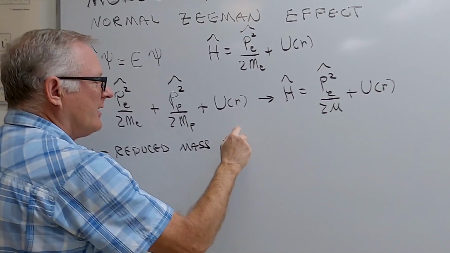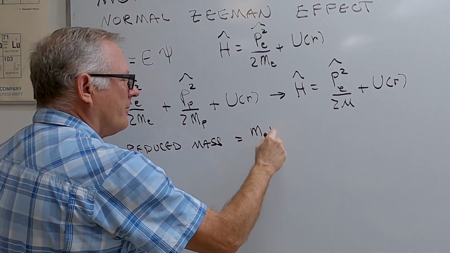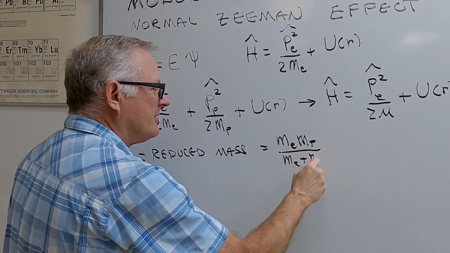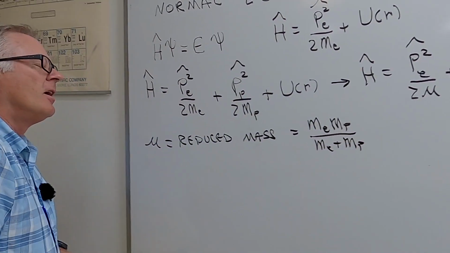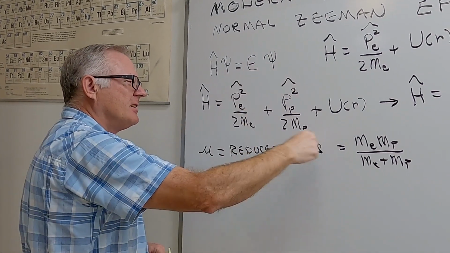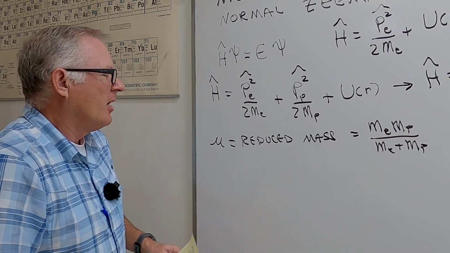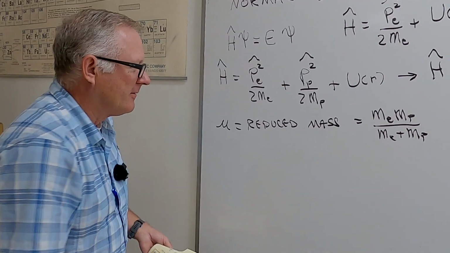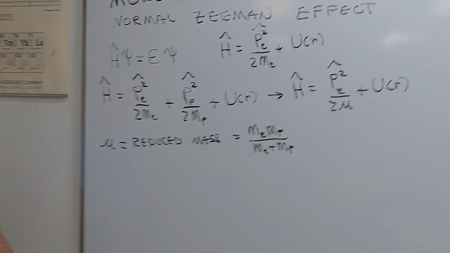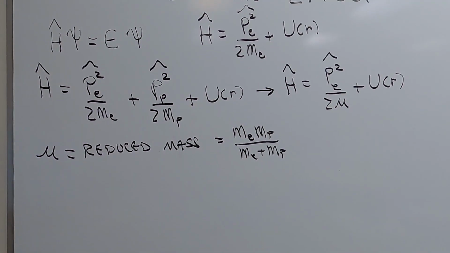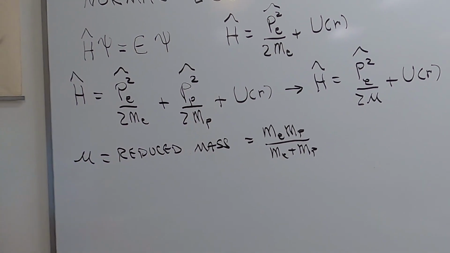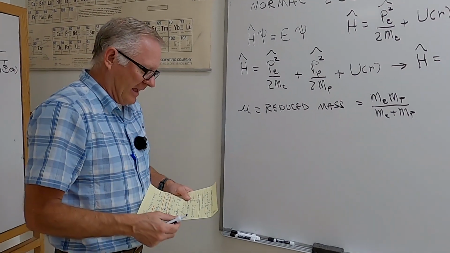In this case, it's the mass of the electron times the mass of the proton, all over the mass of the electron plus the mass of the proton, which affects it a little bit. Instead of handling the H this way, we can just replace every place where we had the mass of the electron with this. We already knew that for the Bohr atom, but I just didn't put it in for the hydrogen atom. So that takes into account the movement of the proton. Okay, I just wanted to go over that.